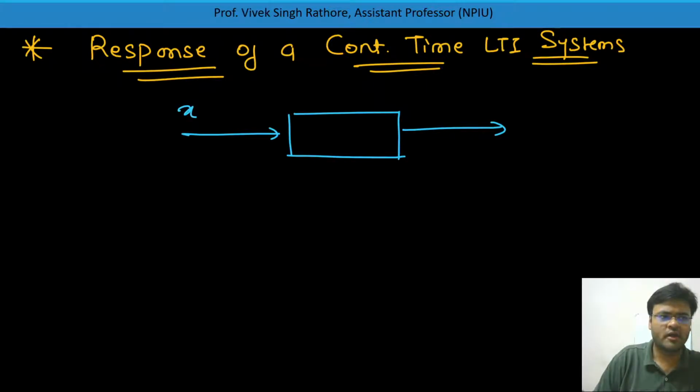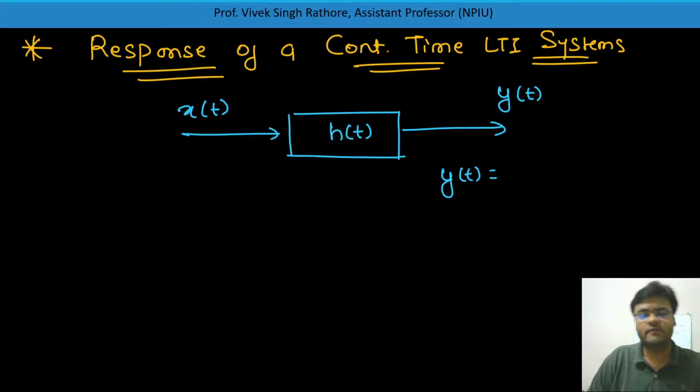Let's suppose your input is x(t), the impulse response of your system is h(t), and you are getting output y(t). As we have seen with x of n, h of n, and y of n, we take the convolution. So we get the output response as the input convolved with your impulse response.